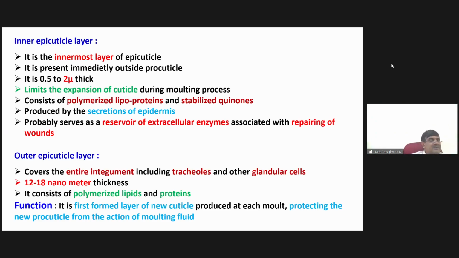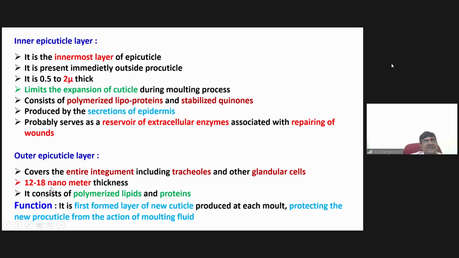So the outer epicuticular layer covers the entire integument, including tracheoles and glandular cells.